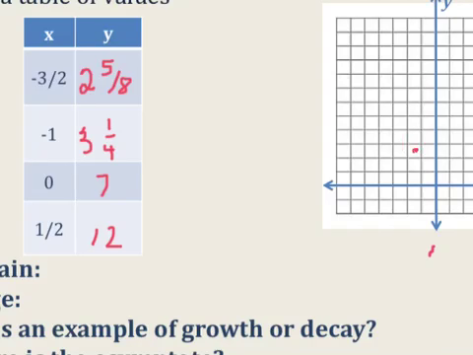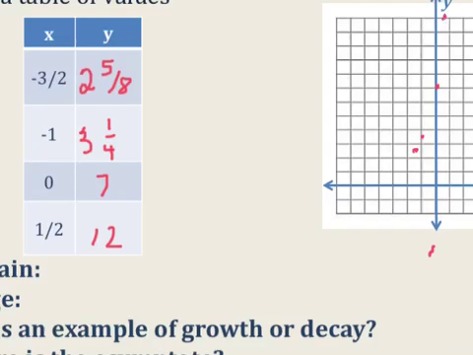And then we have -1 and 3.25, so about right there. And then our y-intercept is 7, 4, 5, 6, 7. And then at x equals 1/2, we have 12. And I believe that is right here at the top.